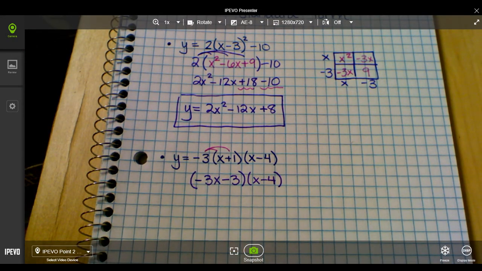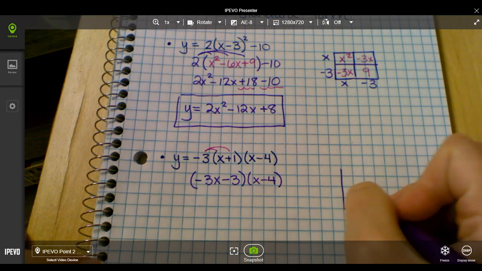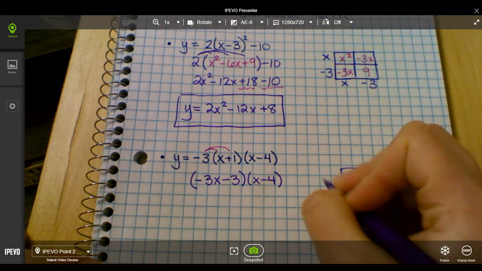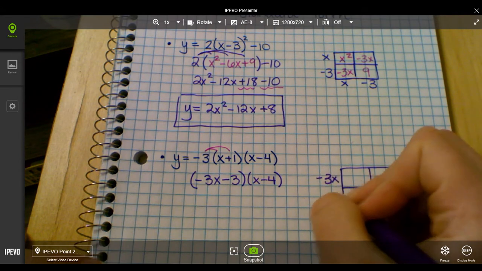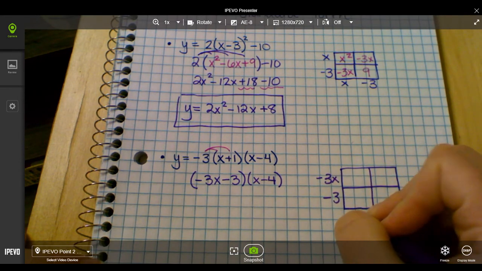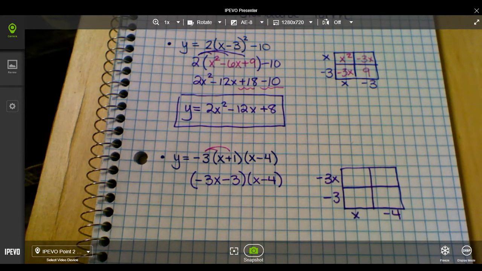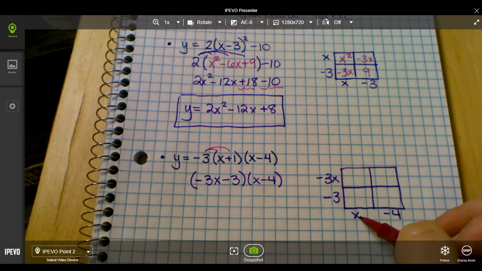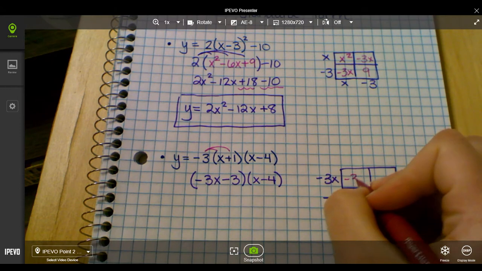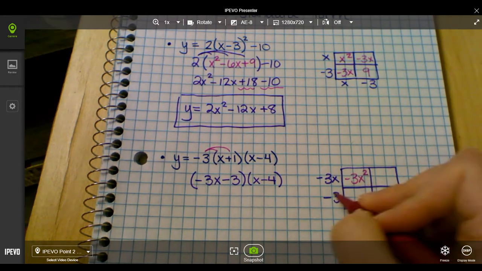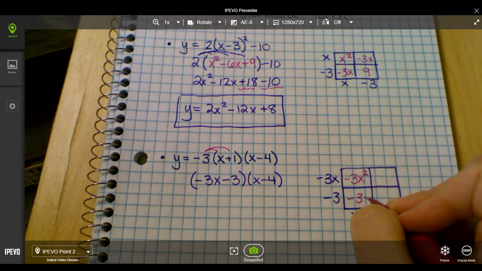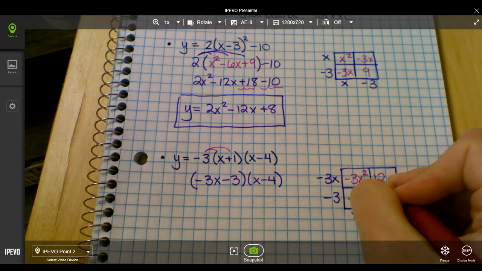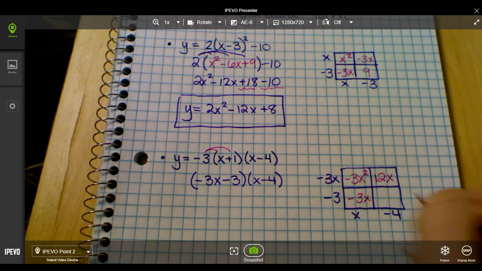Then I'm going to use my generic rectangle. And again, we still have a product, so we have the outside of our generic rectangle. So now we're doing negative 3x and negative 3, and x and negative 4. So negative 3x times x is going to be negative 3x squared. Negative 3 times x is negative 3x. Negative 3x times negative 4, a negative times a negative is positive, so I'm going to have 12x.